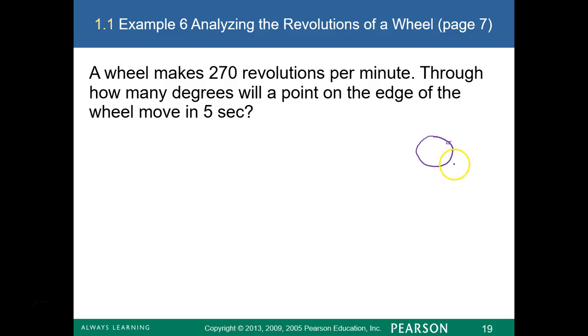It's revolving 270 revolutions per minute, and we're wondering how many degrees that point will move in 5 seconds. To start us out, since we're using seconds, let's convert 270 revolutions per minute to revolutions per second.